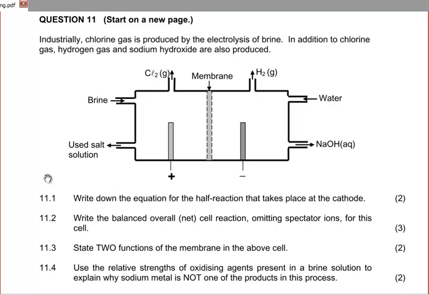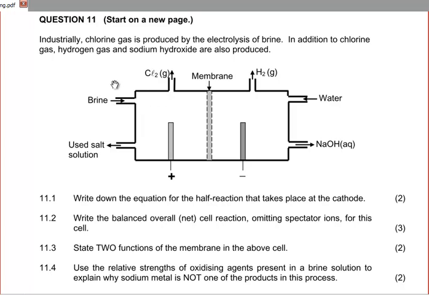Already we have produced our reduction reaction, so there is need for us to produce our oxidation reaction. As you can see here, we are actually having our brine. Remember, in our brine we are having aqueous sodium chloride, right?